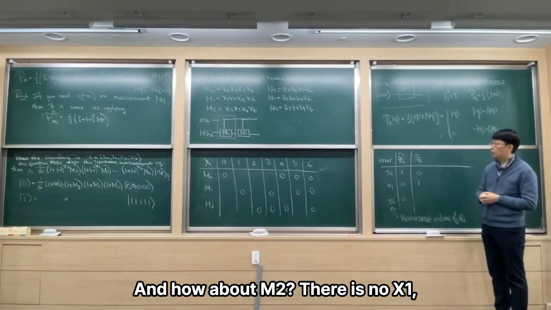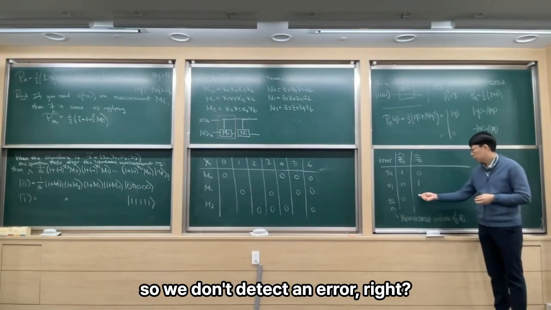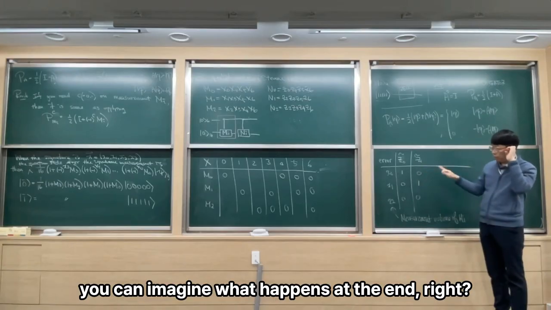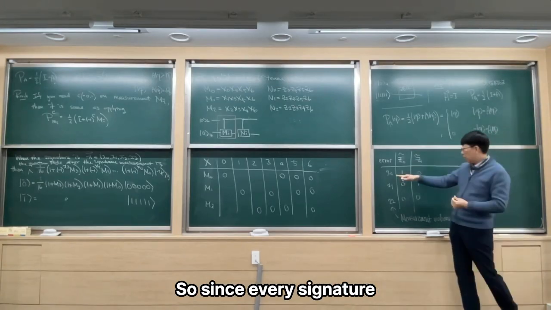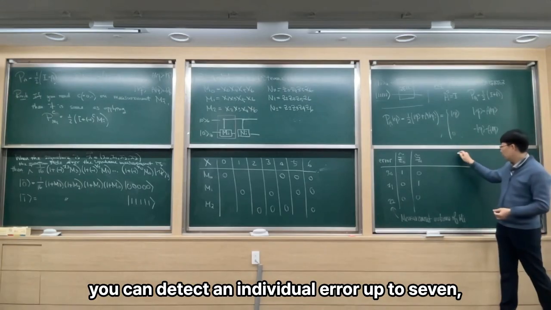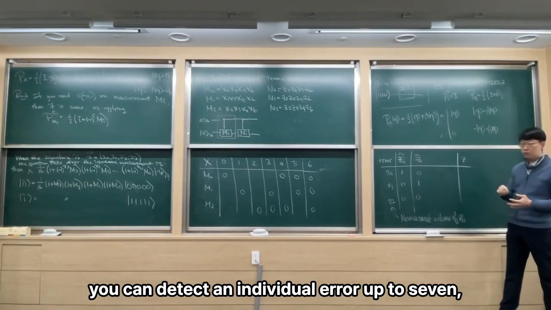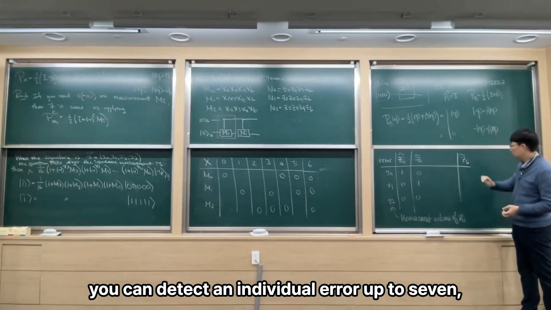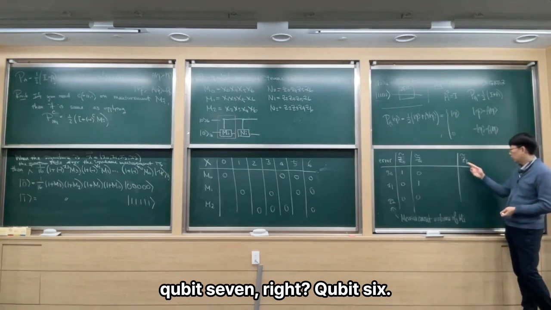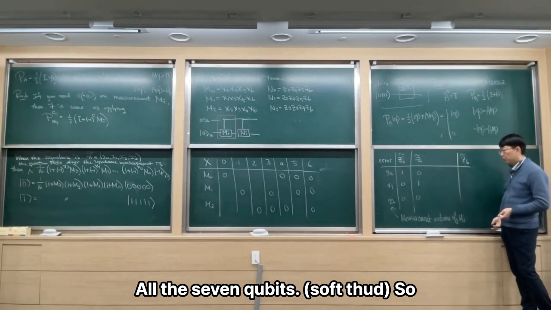And how about M2? There's no X1, so we don't detect an error. So you can imagine what happens at the end. Since every signature on these columns is different, you can detect an individual error up to qubit 6, all the 7 qubits.